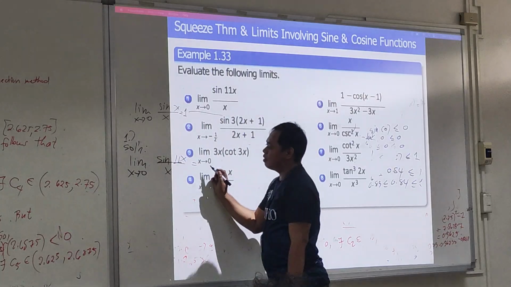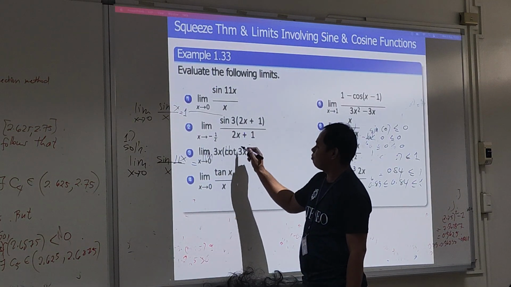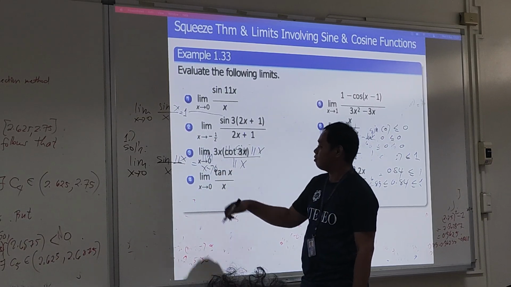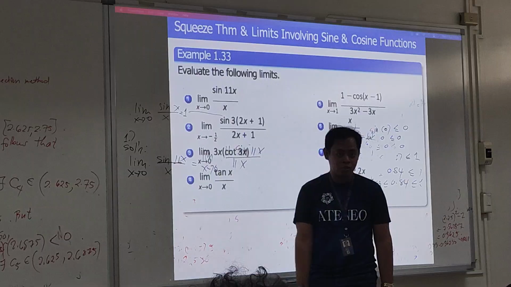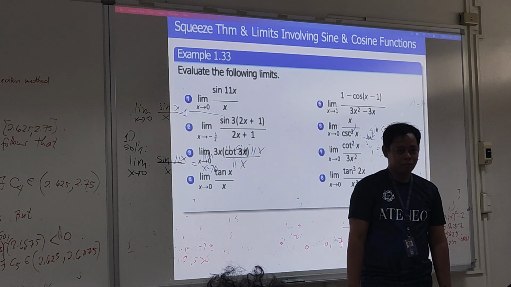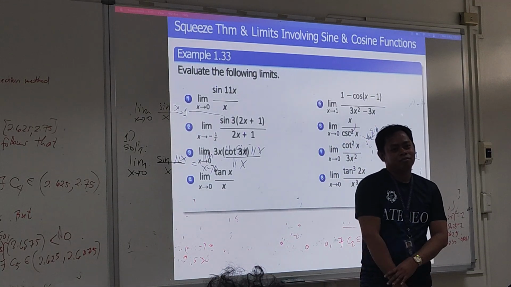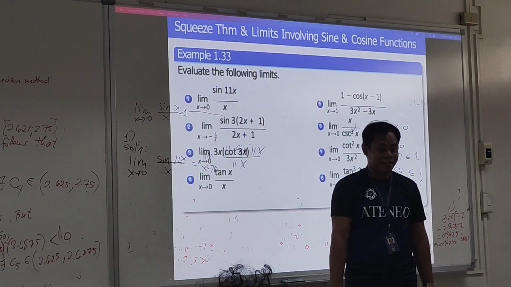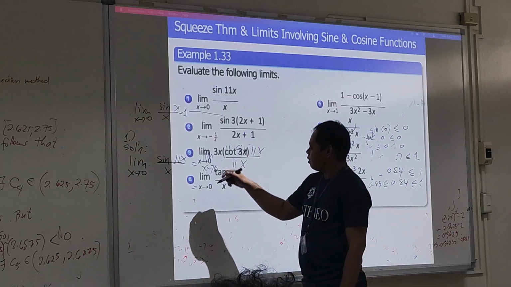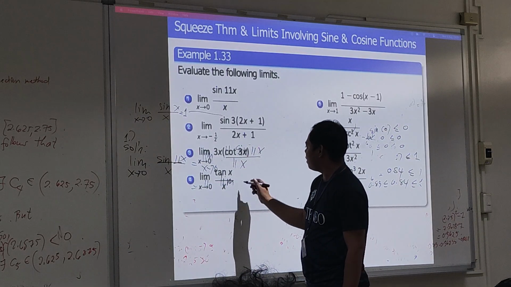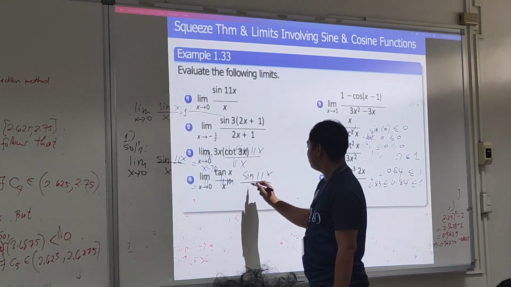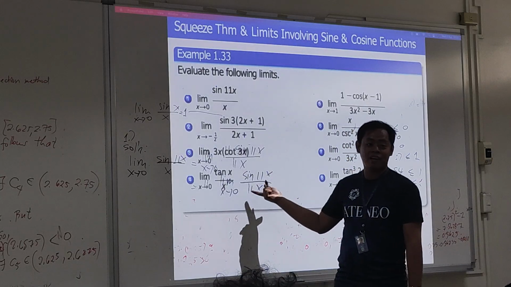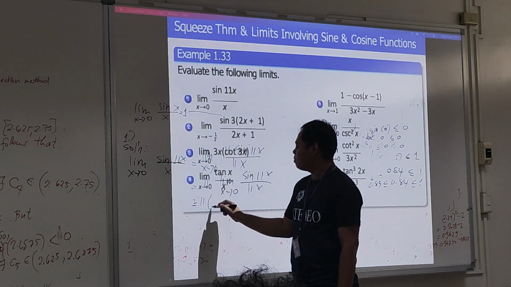This is the same as the limit of 11 times sine 11x all over 11x as x approaches 0. Since 11 is constant, we can take it out of the limit. So you have 11 times the limit of sine 11x all over 11x as x approaches 0.